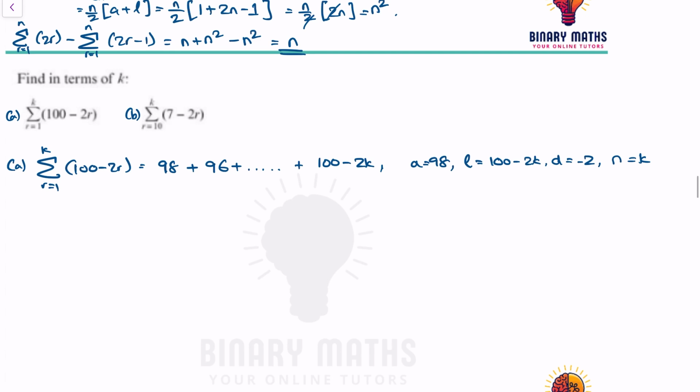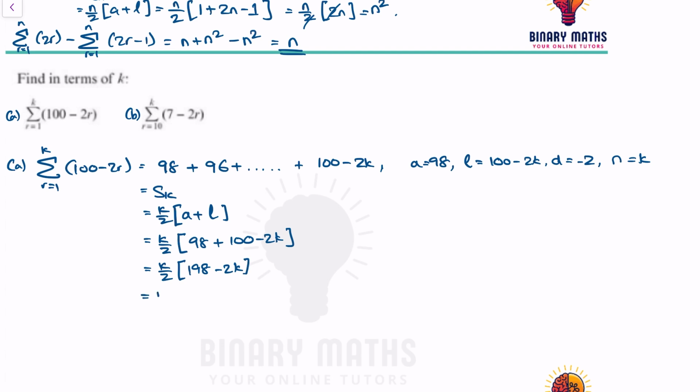Okay, so it's the same thing as working out S of k, which is equal to k over 2 times a plus L, which is equal to k over 2, where a is 98 and L is 100 minus 2k, which is equal to k over 2 times 198 minus 2k.